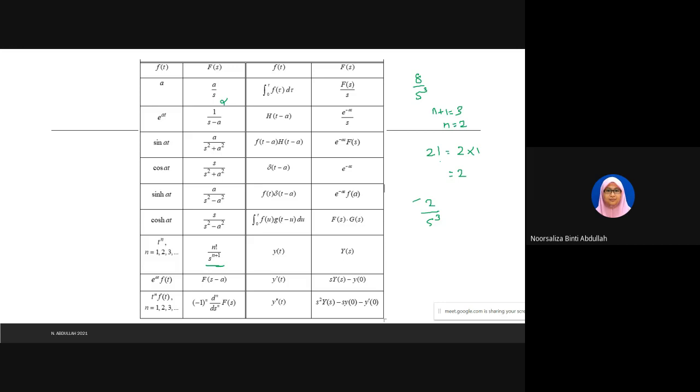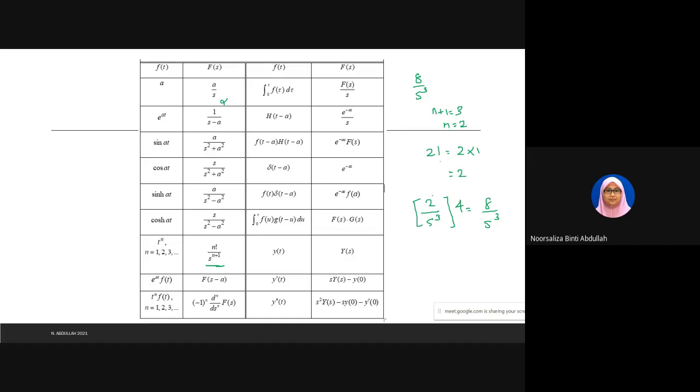Then what you need to do is you have to multiply with something so that this one will be 8. You have to multiply with 4. So you can get 8 over S^3.